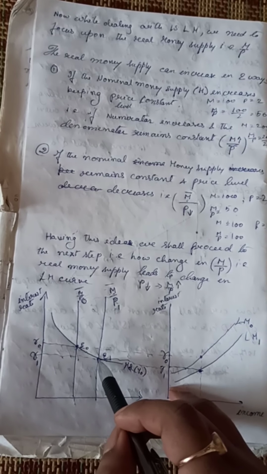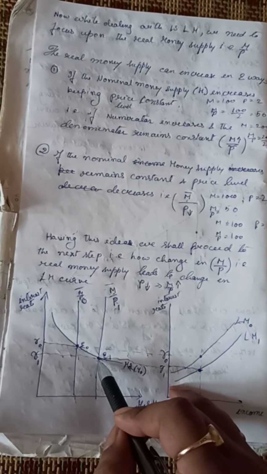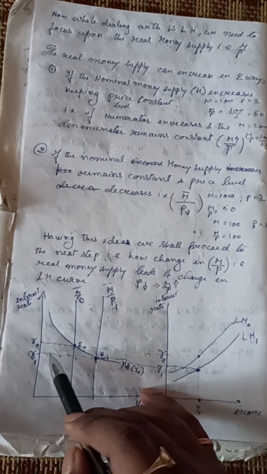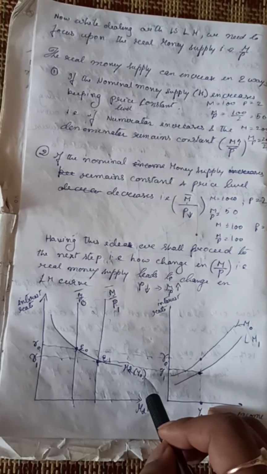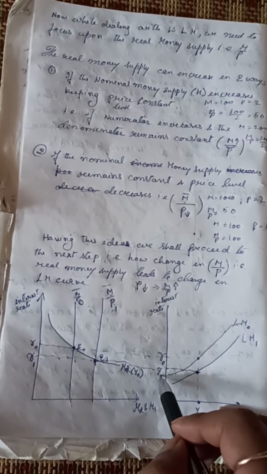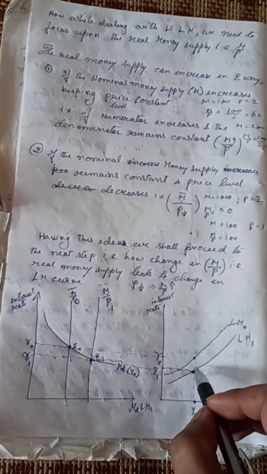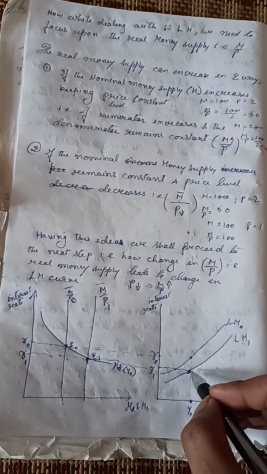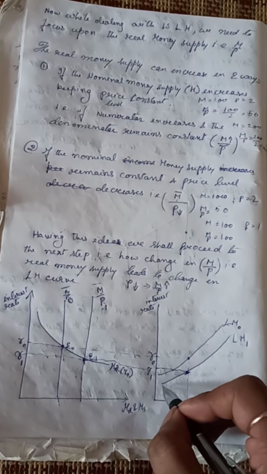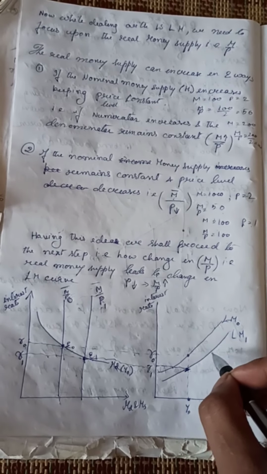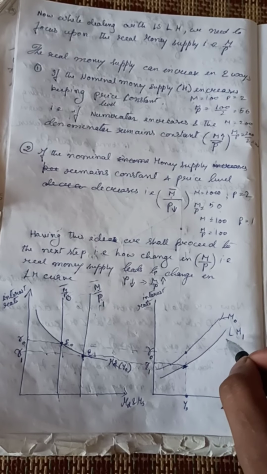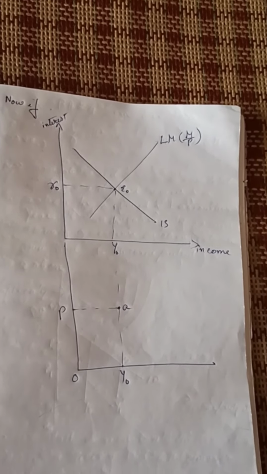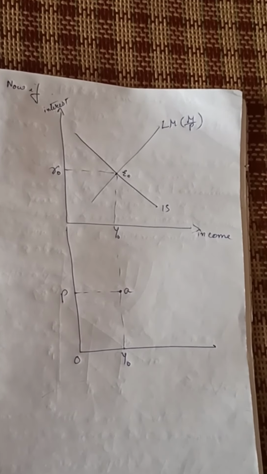Anyways, the corresponding level of rate of interest with E1 is R1, and this R1 can be plotted with this corresponding level of income, that is Y naught, in this next panel, and we will get a new combination. And if we draw a line corresponding to this point, we will get our new LM curve. Okay, now let us move to the second diagram, and the most important diagram.